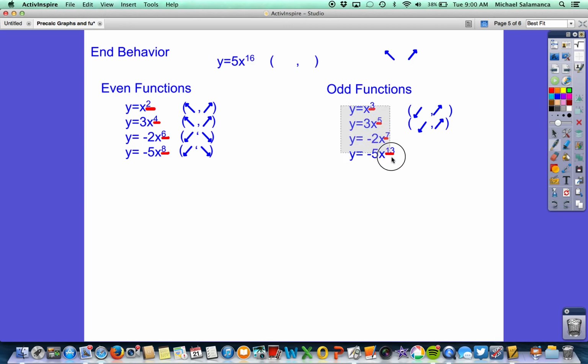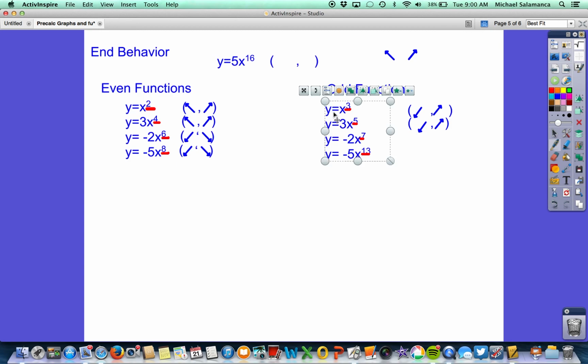So what's going to happen here is that because it's a negative in front, instead of going this way like everything else does, it's going to be flipped. That's all it is. That means this is going to go upwards instead of downwards, and this is going to go downwards instead of upwards.